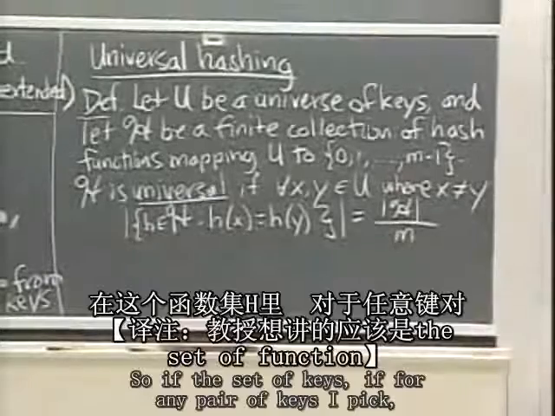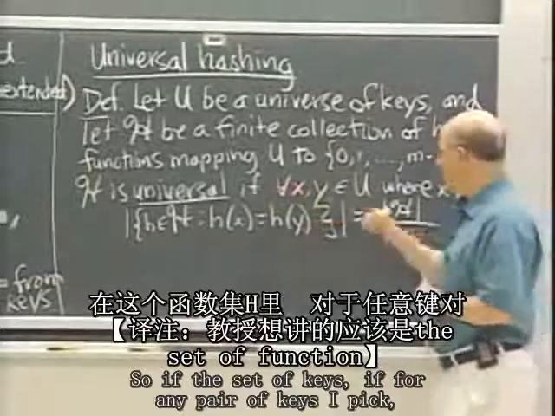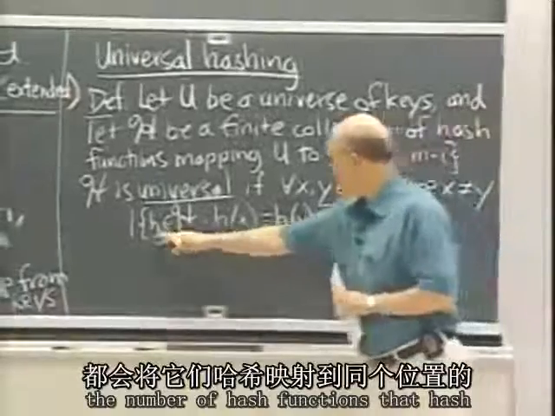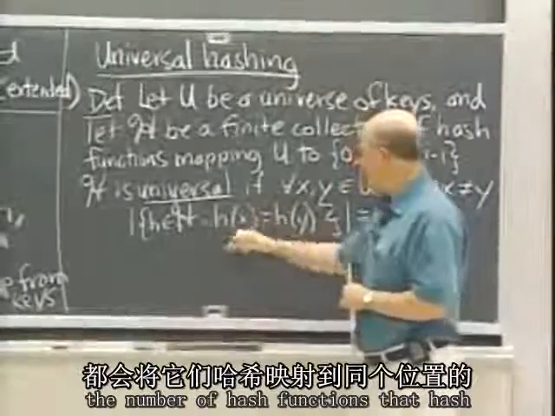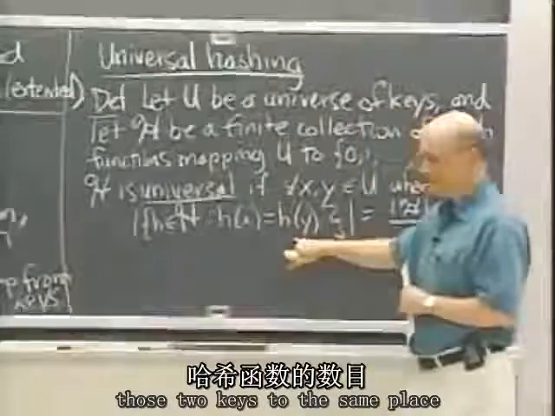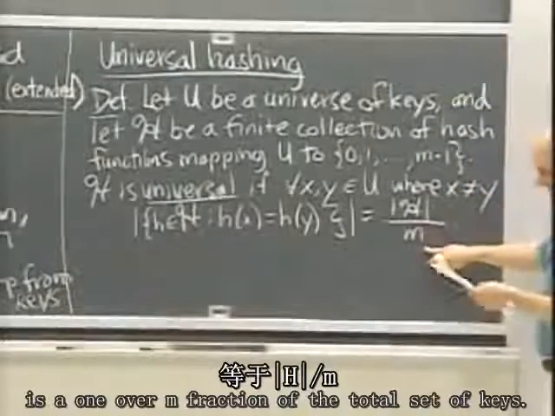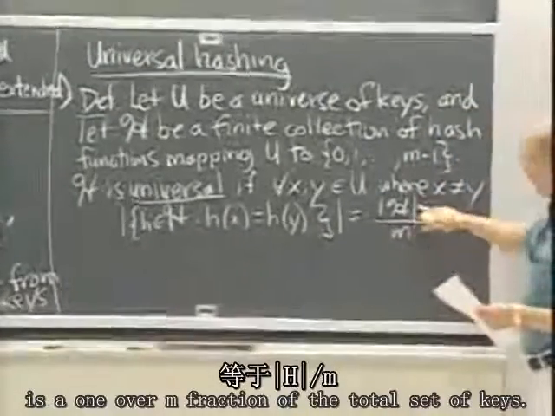If for any pair of keys I pick, the number of hash functions that hash those two keys to the same place is a 1 over m fraction of the total set of hash functions.